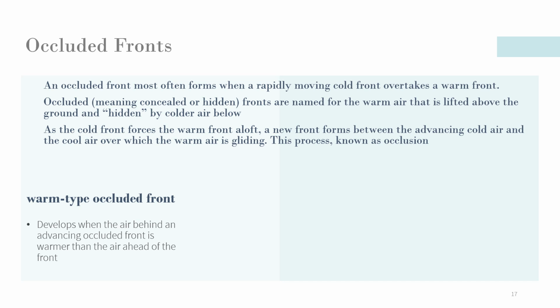So the weather associated with the warm type occlusion is usually like that of a warm front. That means gentle to moderate precipitation. However, if the warm air that is lifted is conditionally unstable, then thunderstorms can develop.